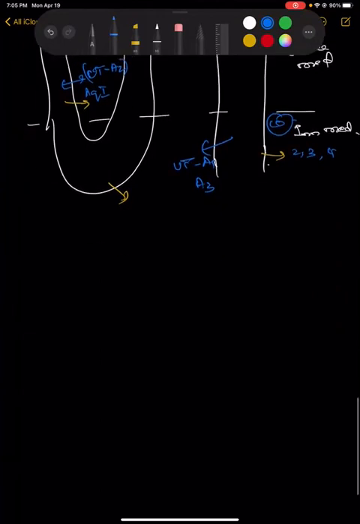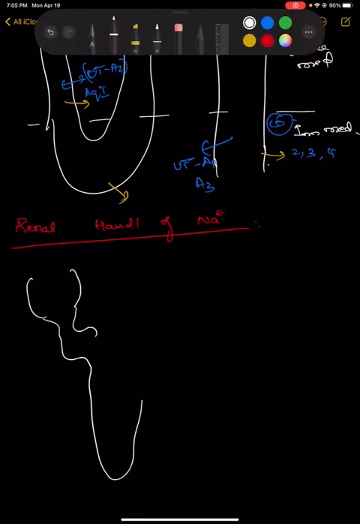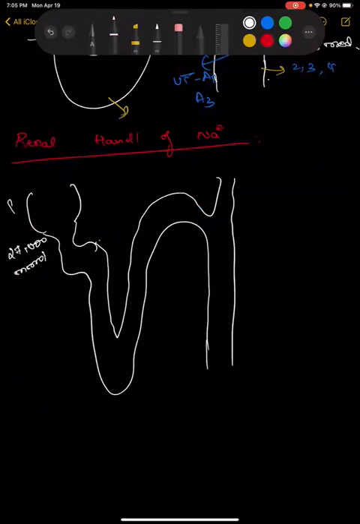Now we are going to discuss the renal handling of sodium. As we know, about 27,000 millimoles of sodium gets filtered every day, out of which 60% gets reabsorbed in the PCT and 30% gets reabsorbed in the thick ascending limb.